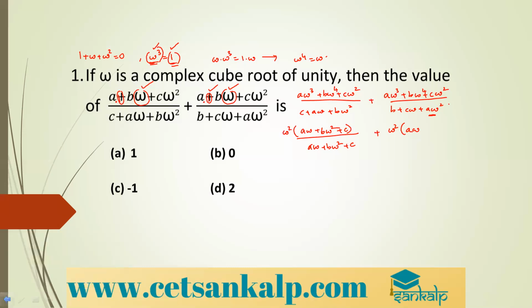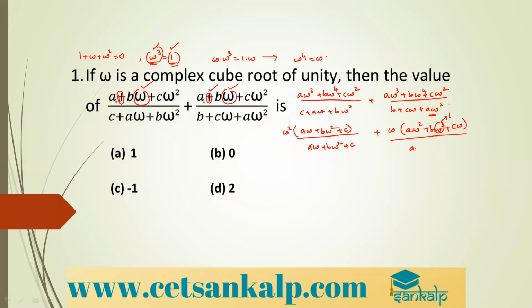Instead of ω², I have to take just ω common, not ω², because then only I will get what I want. So when I take ω common, I have aω² + bω³ + c ω. But because I know ω³ is 1, bω³ I can take as b.